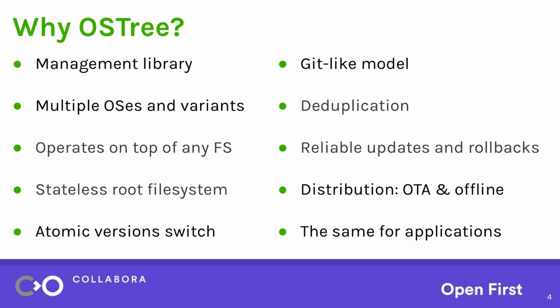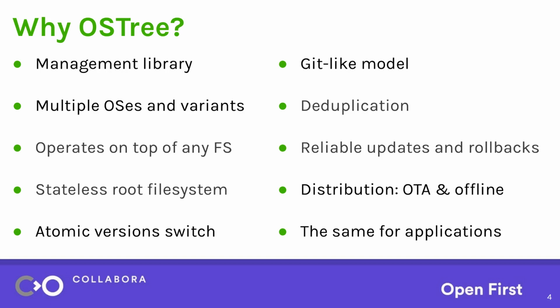A read-only stateless root file system brings atomicity and no risk of inconsistencies for operating systems. We can use literally a single system call for switching between operating system versions.